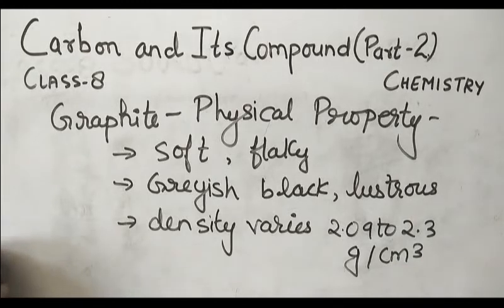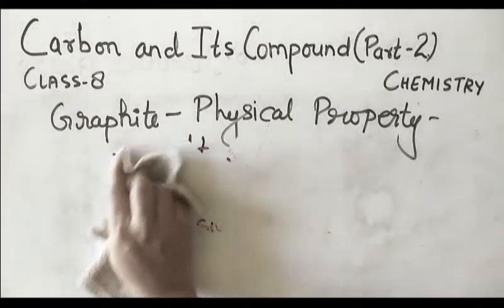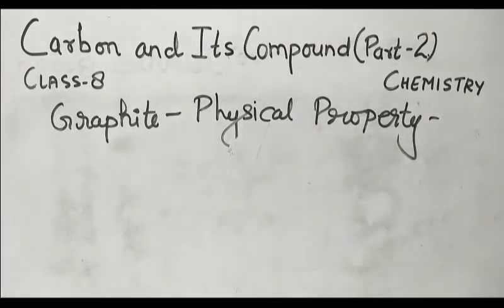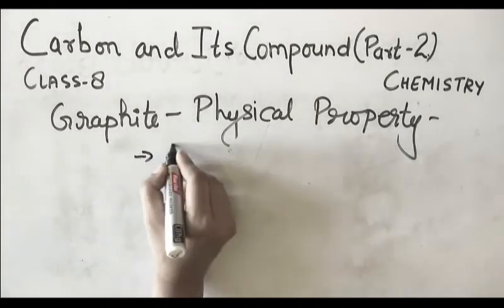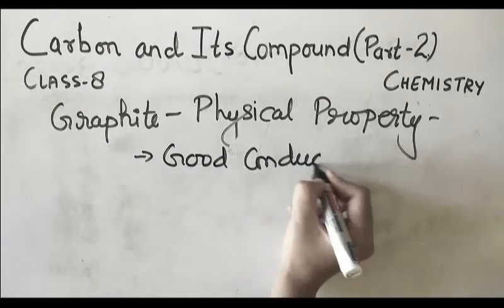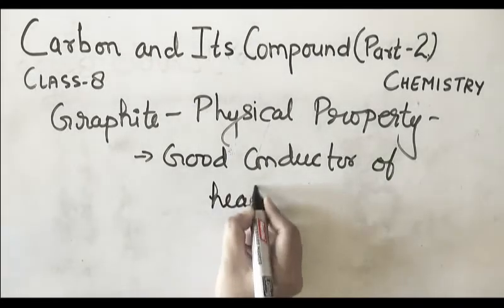Diamond was a good conductor of heat but a bad conductor of electricity, but graphite is a good conductor of both heat and electricity.